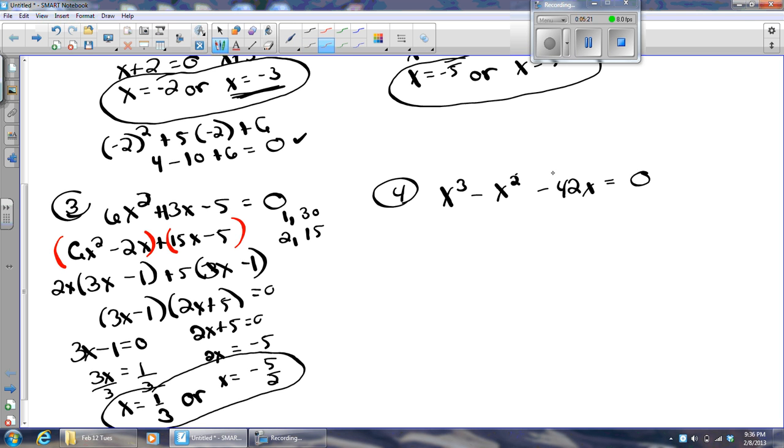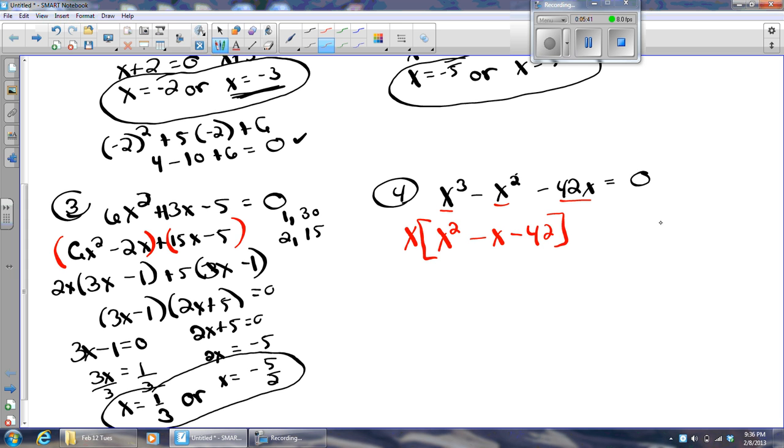Now I haven't done a whole lot of this yet, but you notice how there's an x in each one? That's like a GCF. I'm actually going to pull that x out front, and I'm going to pretend like it's not there. And I'm going to factor x squared minus x minus 42. Okay?